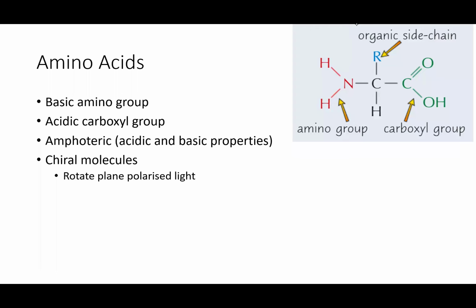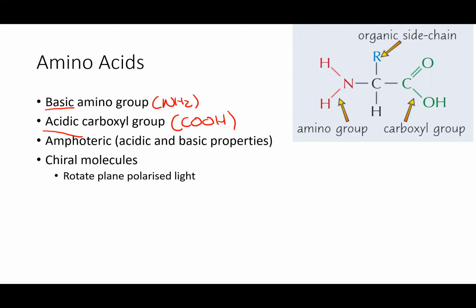So amino acids have an amino group and a carboxyl group. An amino acid has a basic amino group and an acidic carboxyl group. And remember, an amino group is NH2 and a carboxyl group is COOH.